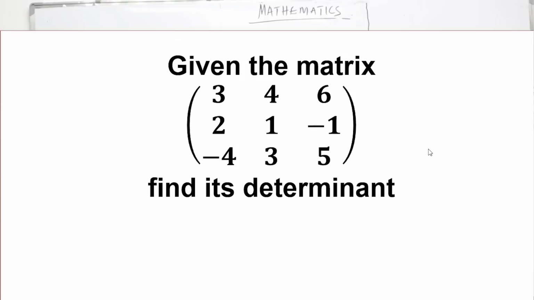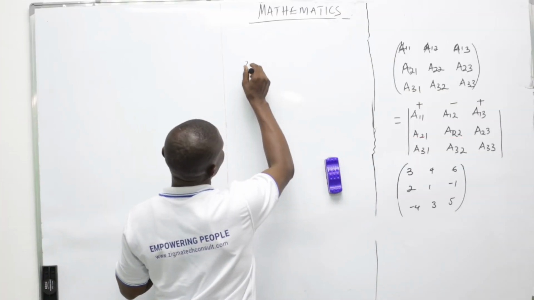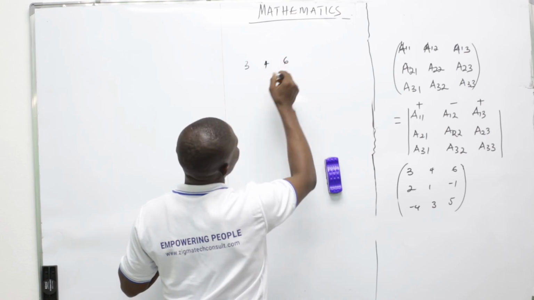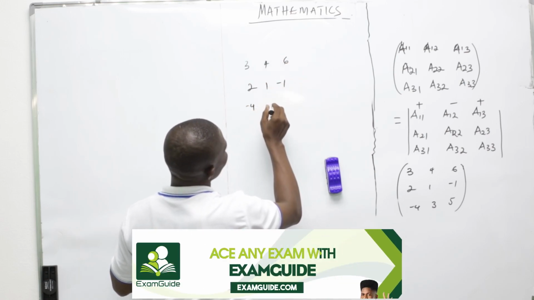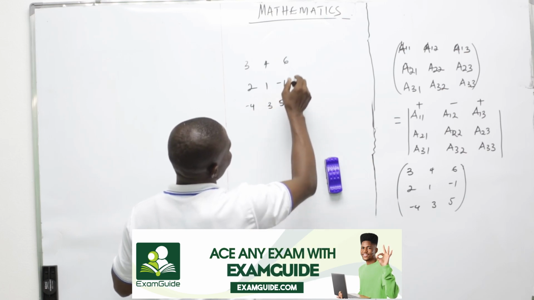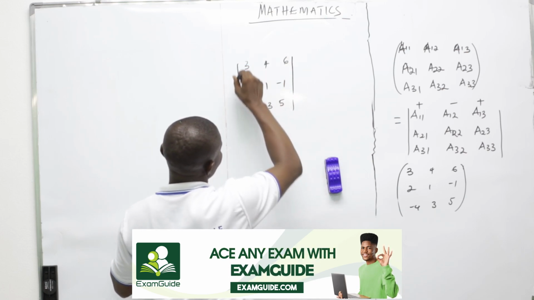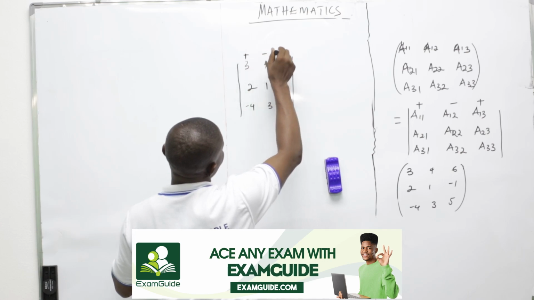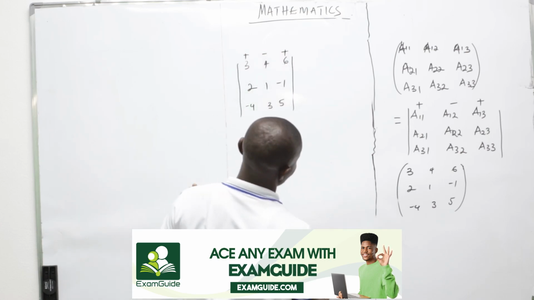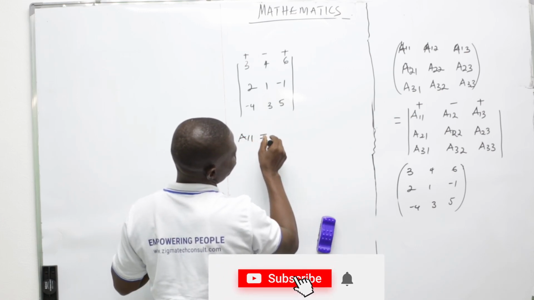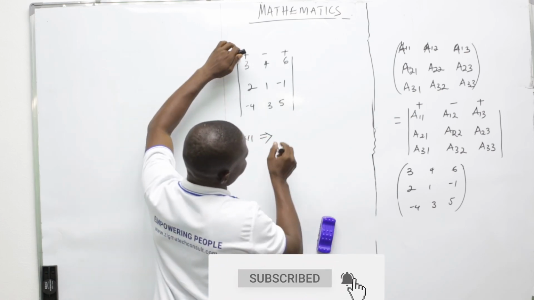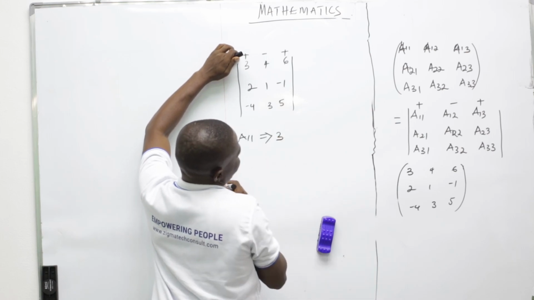This is a matrix. The determinant, plus, minus, plus. So if you are solving for A11, the first number you must consider is plus 3.